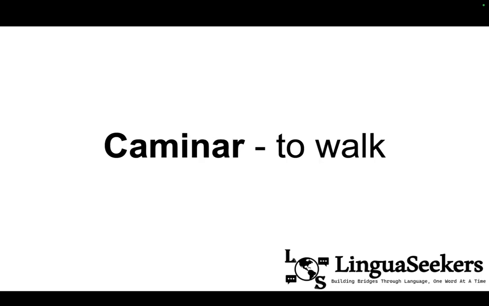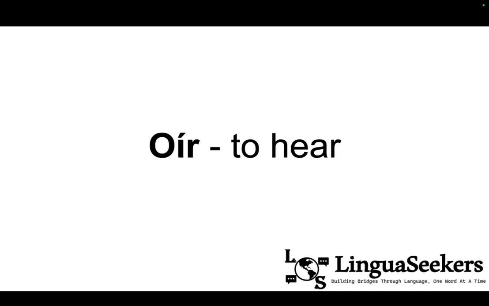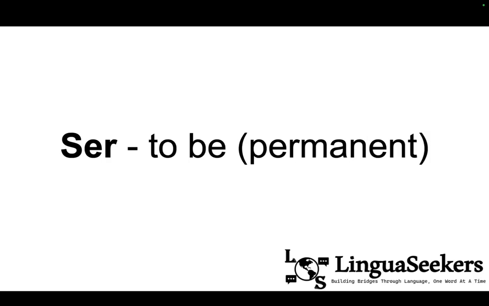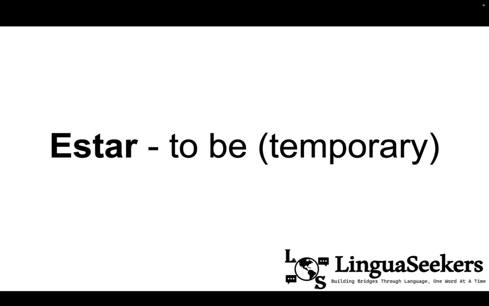Next, we have caminar, meaning to walk. Next, we have oír, meaning to hear. Jugar, which means to play. Ser, which means to be. And I've mentioned permanent here because there's actually another verb, which is estar, which also means to be in Spanish.